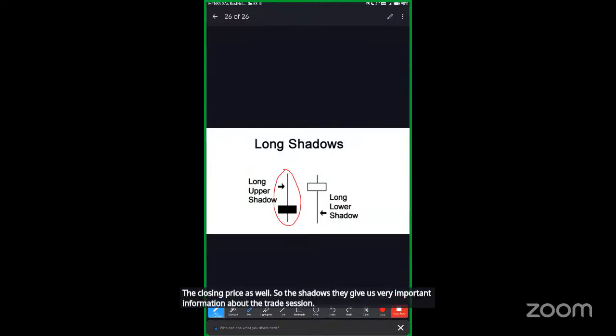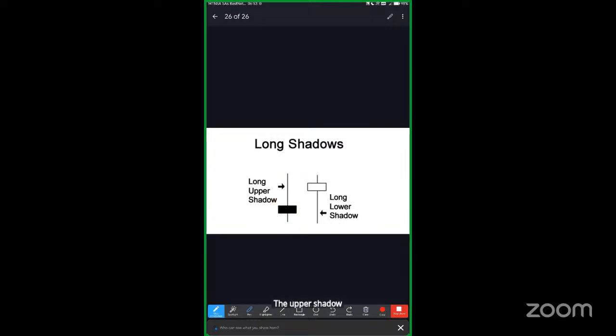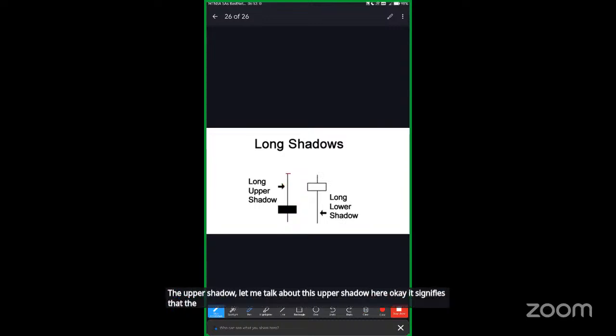The upper shadow, let me talk about this upper shadow here. It signifies that the session went high. Remember, when you see a candle with a shadow, where the shadow ended, that becomes the high of the market.